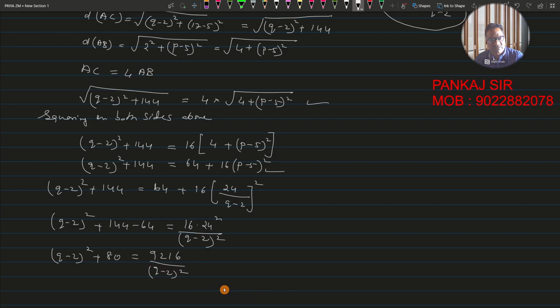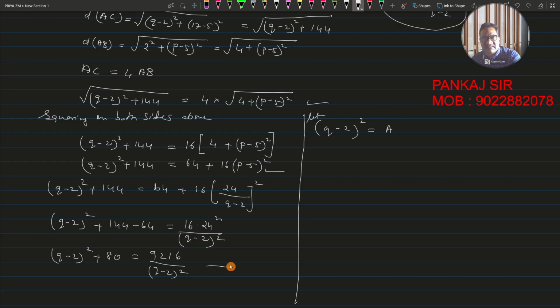Okay. So now you can see that throughout this equation, I have only one variable, that is q. Now what I'll do is I'll work out on this side. Now this (q minus 2) the whole square, I'm taking as a. So let (q minus 2) the whole square be a.